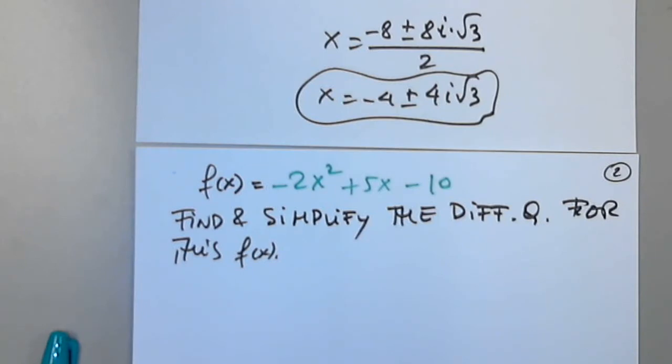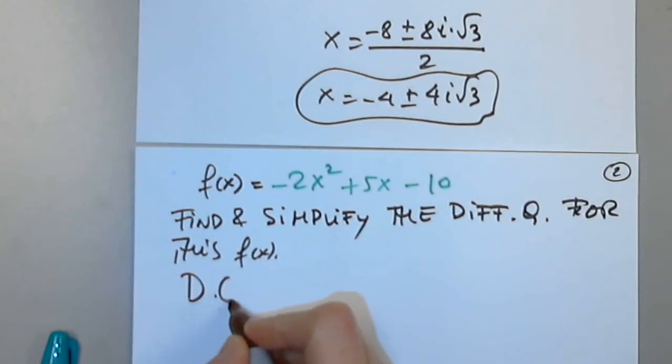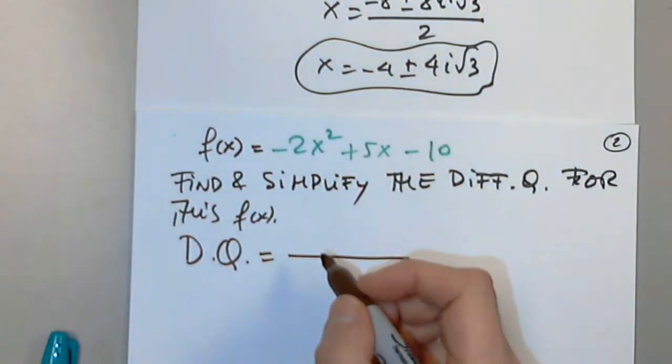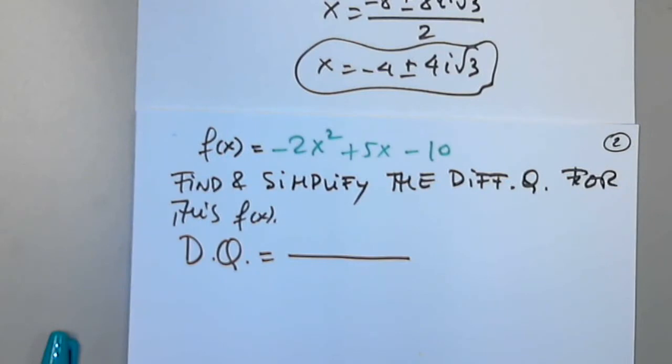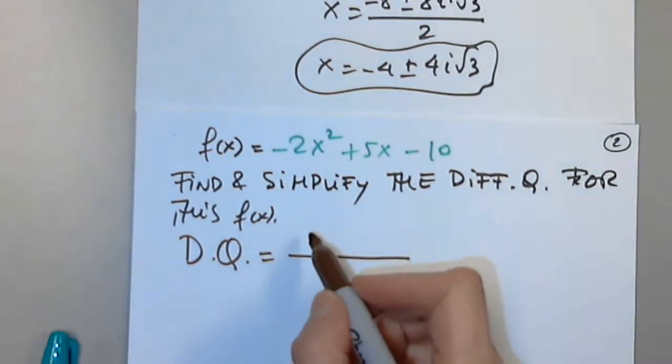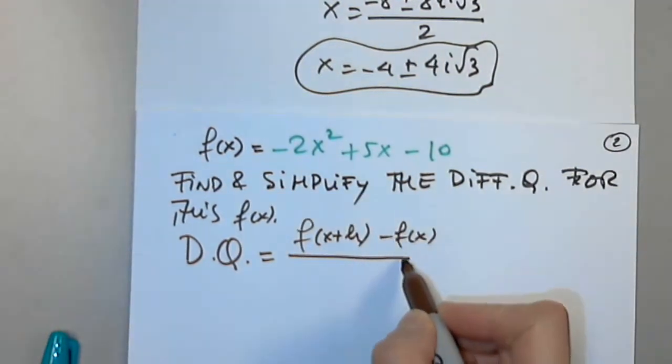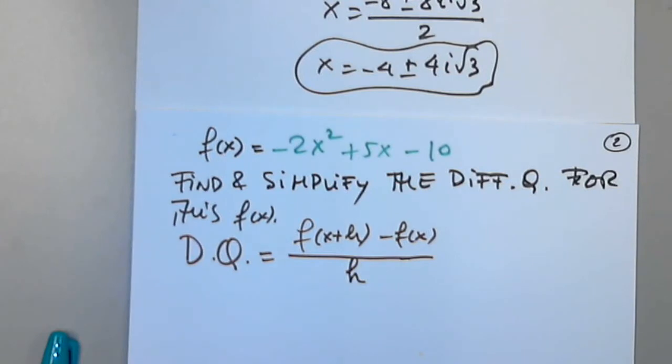It's easy, but you don't have to memorize it. So the difference quotient is f of x plus h, minus f of x, over h.